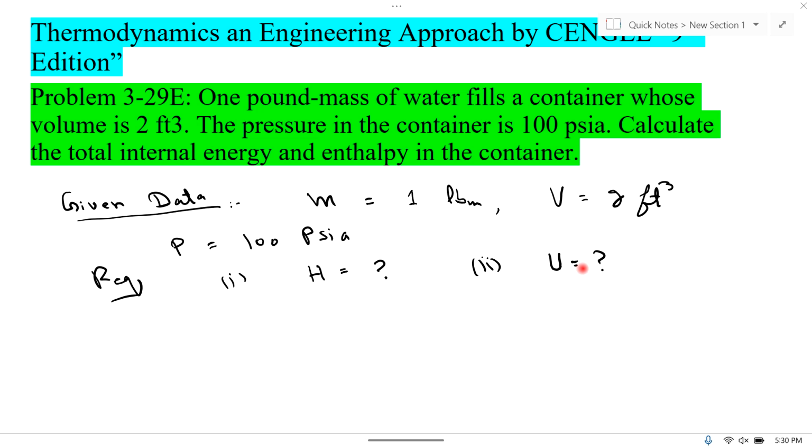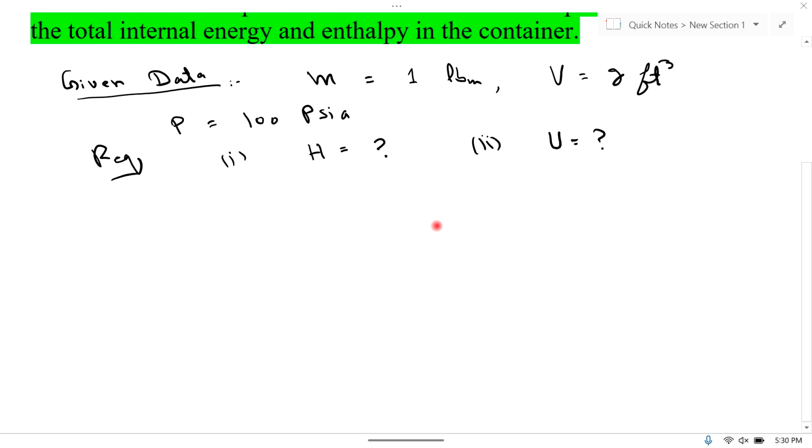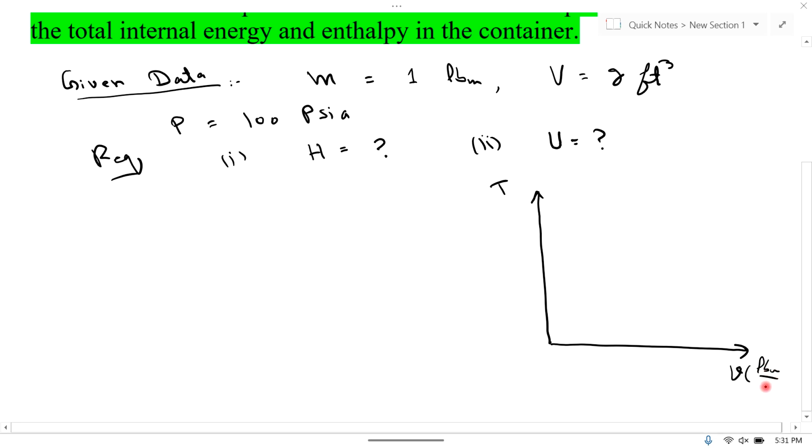So first I check whether our properties are in the subcooled region, the wet region, or the superheated region. This is the T-v diagram, temperature versus specific volume in cubic feet per pound mass, and temperature is in degrees Fahrenheit in this case.